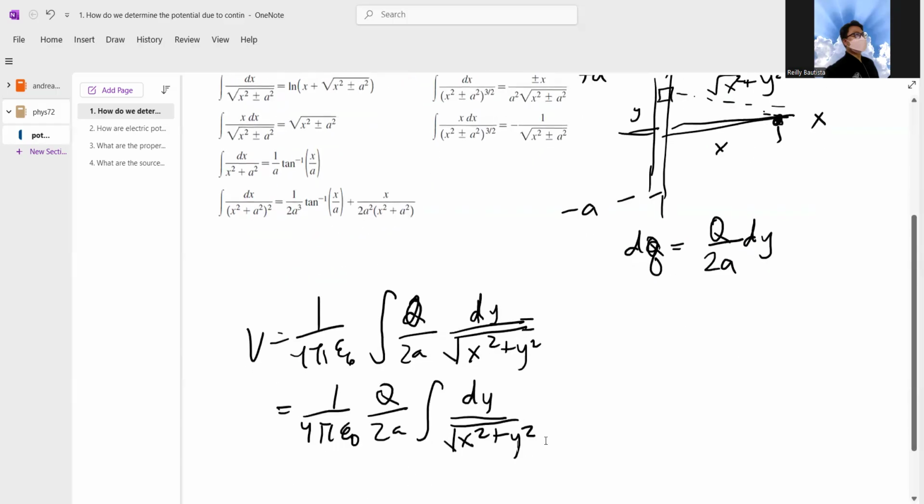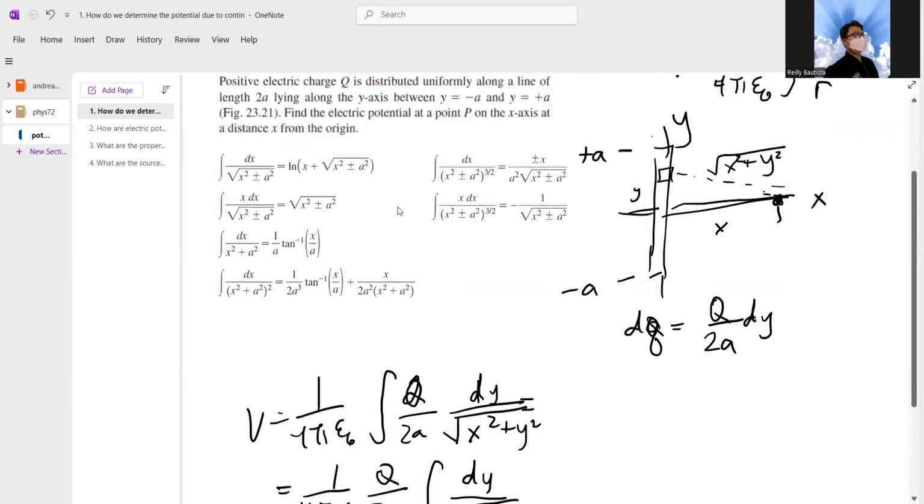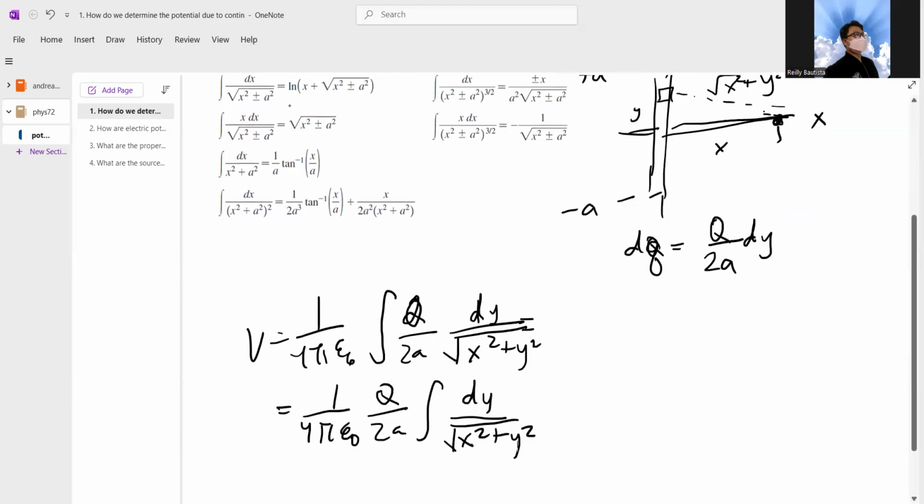Let's see if we see something similar to this one. The first equation looks similar, so let's try to have this form, ln. We take note here that the y variable is the x here. It's the variable of integration.